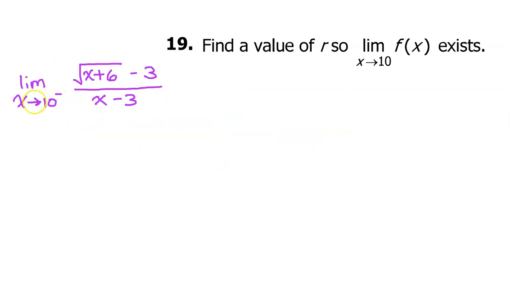In order to find the limit as x approaches 10 from the left of this expression, we can just use direct substitution. We're not going to get 0 over 0. So let's go ahead and simply do direct substitution. This is going to give us the square root of 10 plus 6 minus 3 over 10 minus 3.